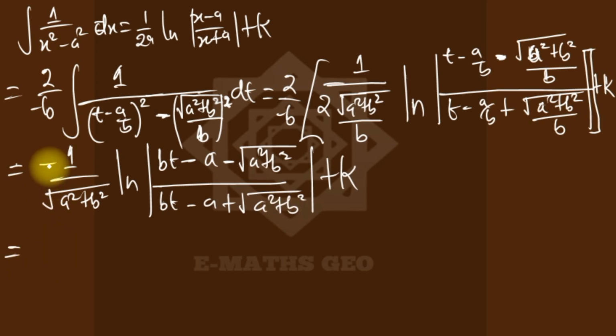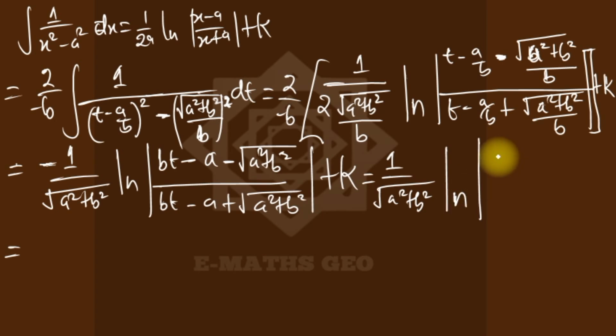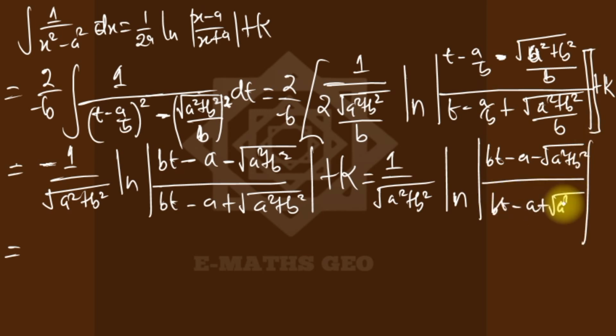Finally, since we have minus here, we'll reciprocate using the laws of logarithm. So this could be ln of bt minus a minus the square root of a squared plus b squared over bt minus a plus the square root of this, raised to the power minus 1, plus k.